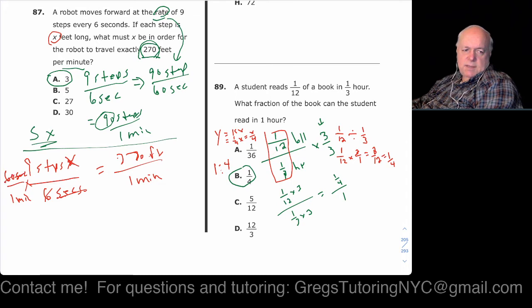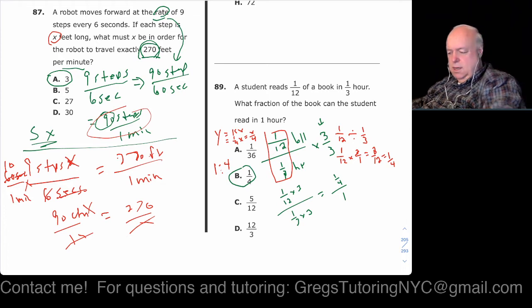And this becomes 90 steps per 1 minute, which is what we wrote over here, equals the 270 times the x, the 270 per minute. And then it's obvious at this point that it's divided by a minute, so that can go away. And we just basically have 90x equals 270, and the x is equal to 3. And everybody lived happily ever after.